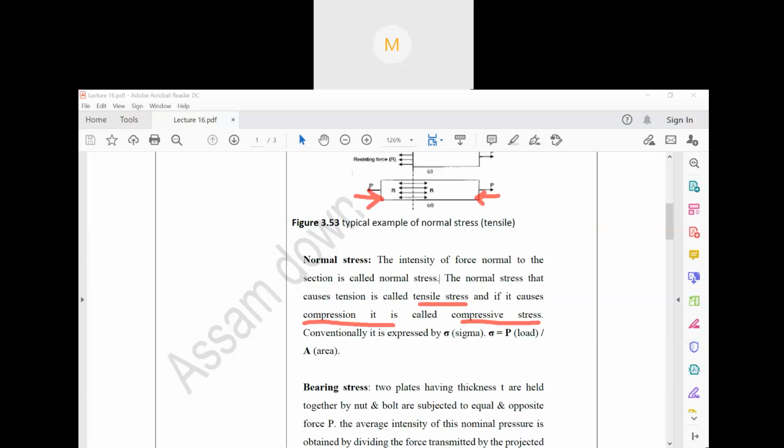This push means you are compressing it, right? You are giving it a push, then eventually its area might reduce. So you are compressing it. So this thing is known as compressive stress. Okay. So conventionally it is expressed by sigma equal to force per unit area. So this is how it is being expressed.